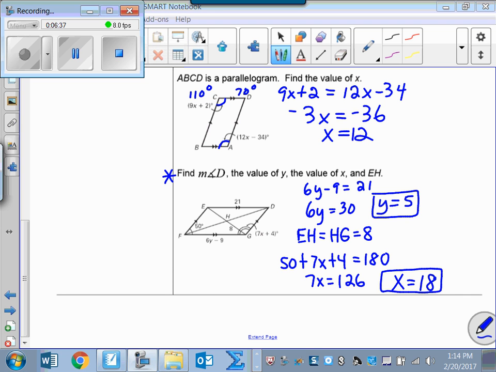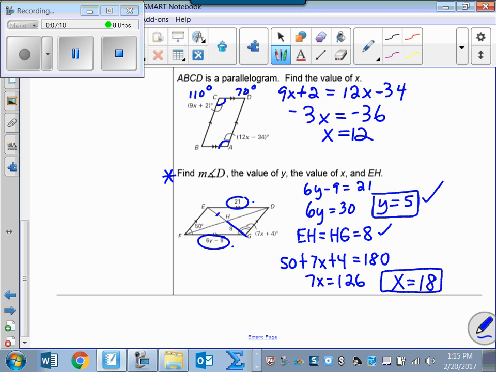Okay, so I started with y just because that was the first thing that jumped out at me. I know that FG is congruent to ED, so I just set those two equal. 6y minus 9 equals 21, and I get y equals 5. And then I see here that HG is 8, and I know that it has to be congruent to EH because the diagonals of parallelograms bisect each other. So that tells me that EH is 8.